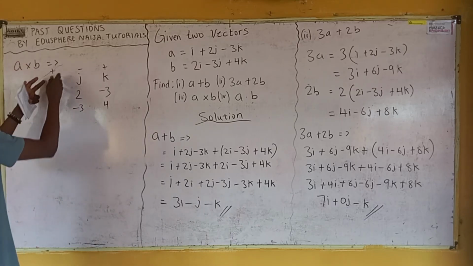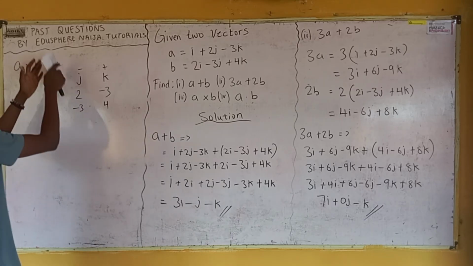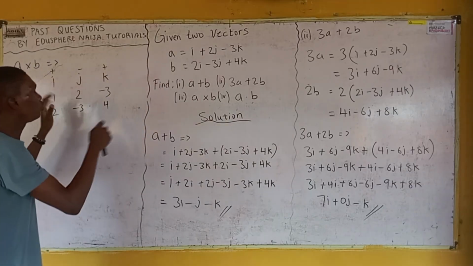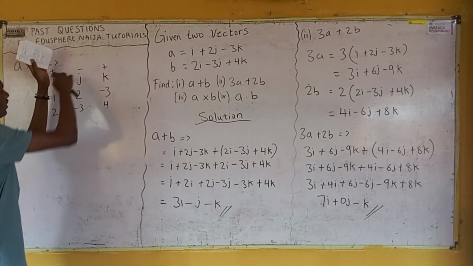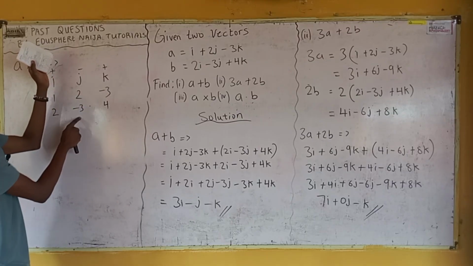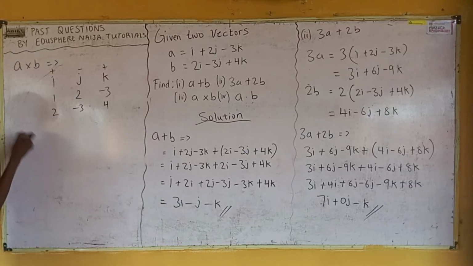Now for the i, we are going to cover the vertical for the i, then cover the unit vectors. What do we have left? If we cover this and this, we have 2, 4, minus 3 and minus 3 here. So let's bring that out. We know it is plus, so we assume this is denoting the positive sign.